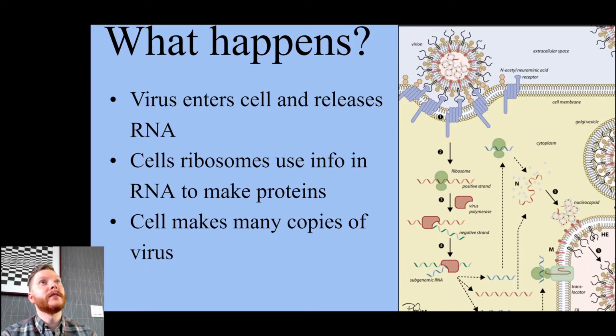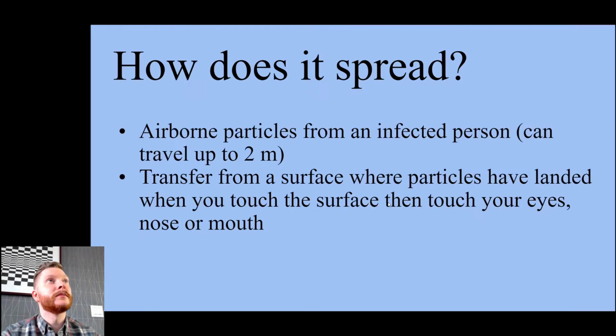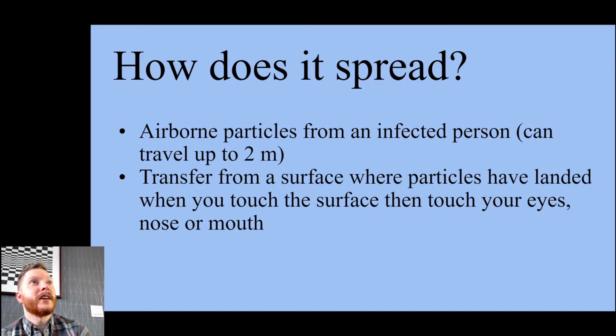Remember, all living things have the same sort of genetic material, so your body can understand what this RNA is, okay, because we all use the same type of coding, and so the cell makes more and more copies of the virus. So how it spreads, from what we know, it's airborne particles is the most common way, so it travels up to 2 meters, but what also complicates things is it can transfer from a surface where particles have landed.